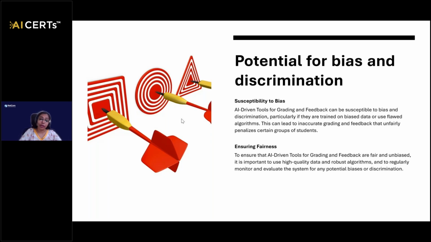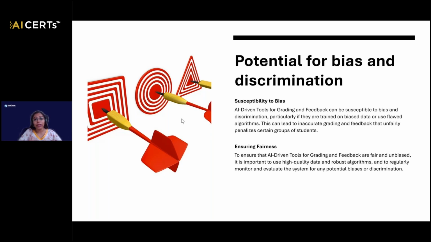And if it is not trained in that way, then of course it will be biased. So this can lead to inaccurate grading and feedback that will unfairly penalize certain groups of students. So don't forget to train your model in a way that it uses multiple information, or I would say information from different sources.